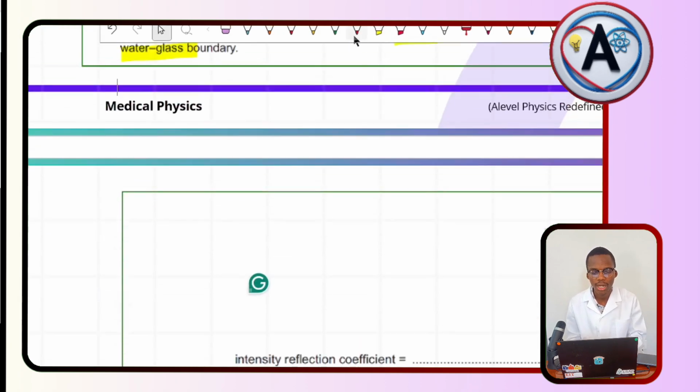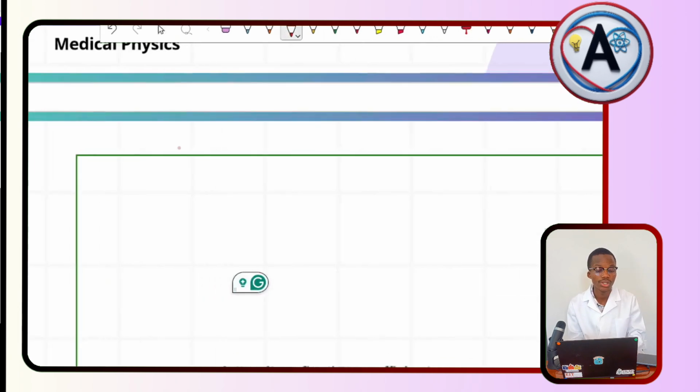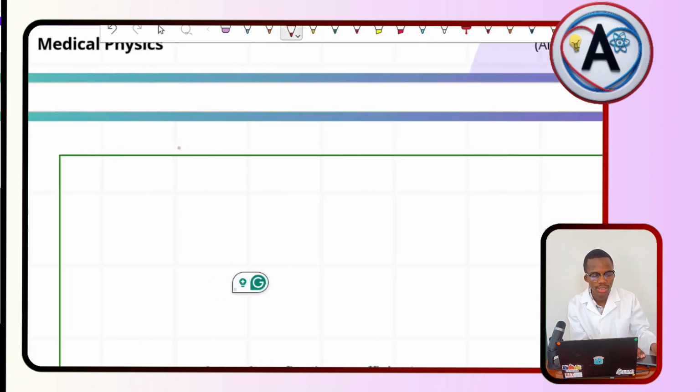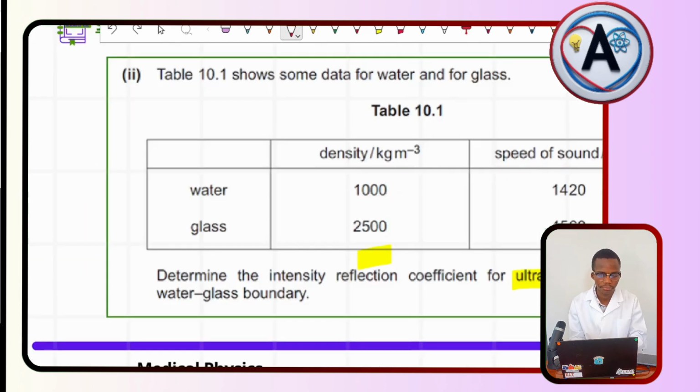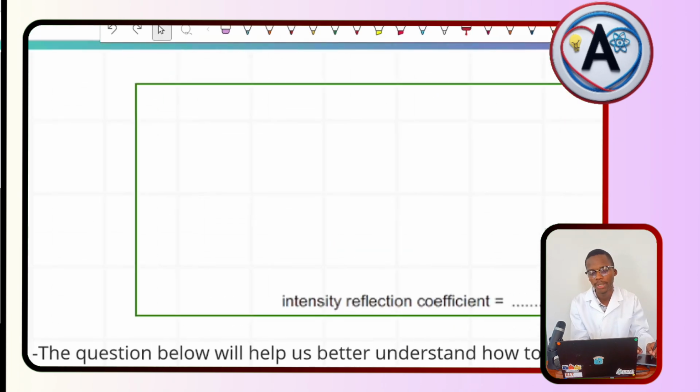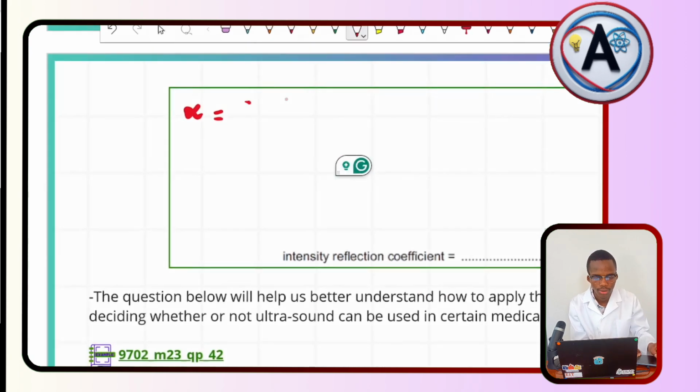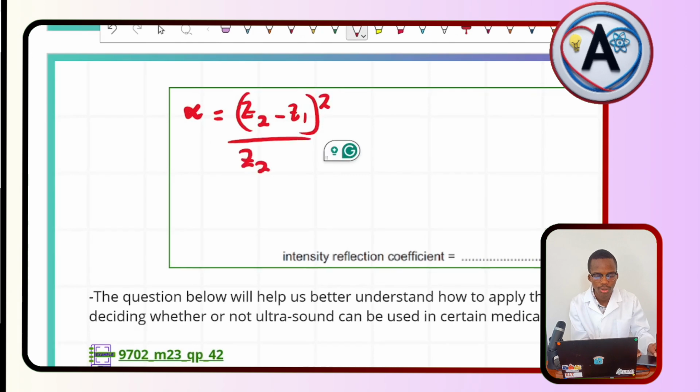So essentially, if I've been asked for such a calculation, what's important is to say the intensity reflection coefficient alpha is going to be equivalent to Z2 subtract Z1 squared divided by Z2 plus Z1 squared, right?